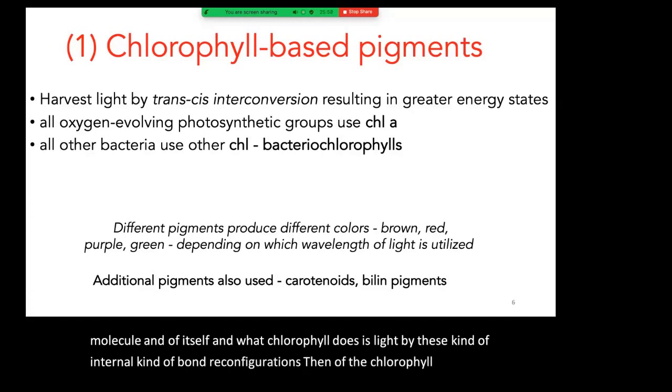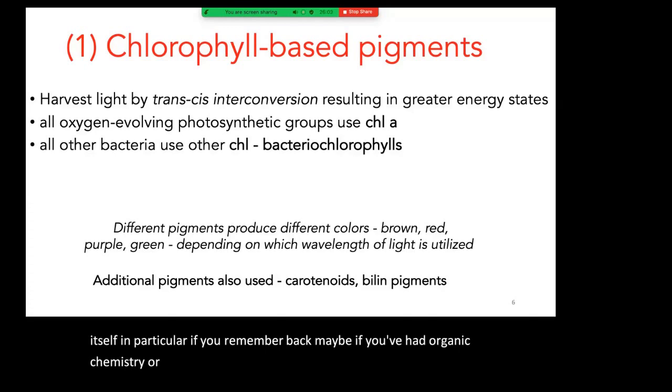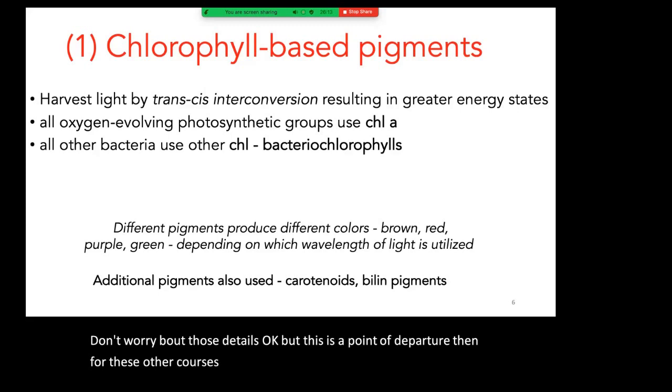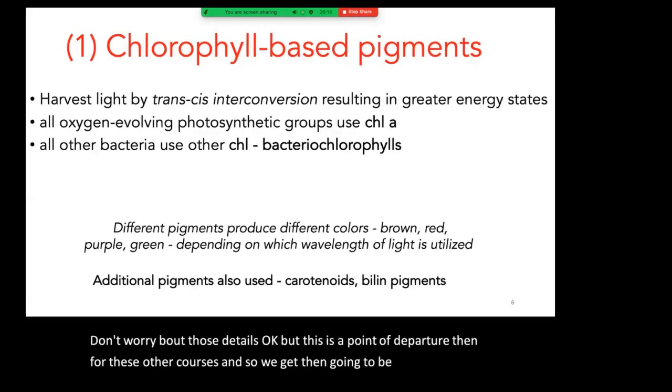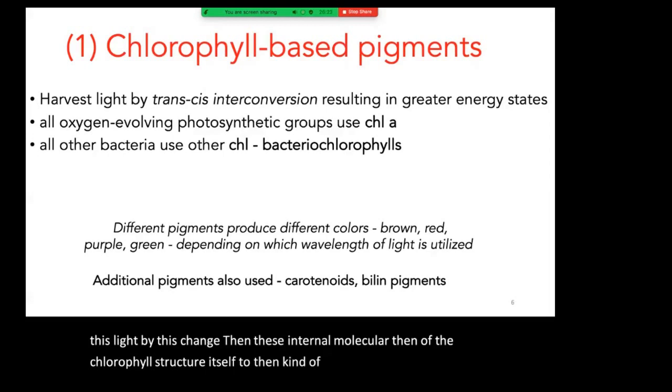In particular, if you've had organic chemistry or biochemistry, you may remember these trans-cis interconversions. Don't worry about those details, okay? But this is a point of departure for those other courses. And so we harvest this light by this change of the internal molecular bonds of the chlorophyll structure itself to elevate the molecule to greater energy states.